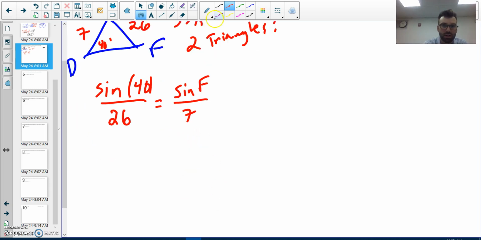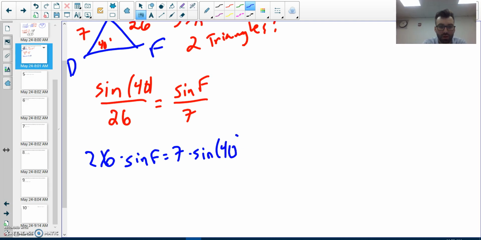Fraction equal to a fraction, cross multiplication. I have 26 times the sine of F equals 7 times the sine of 40.